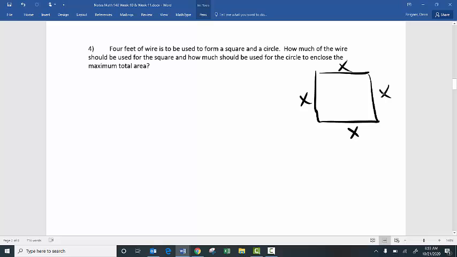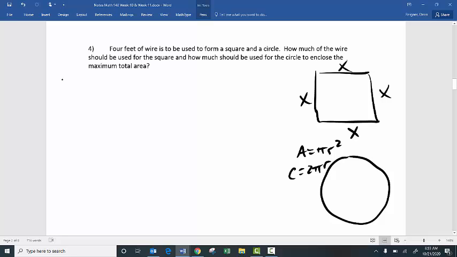All right. And the other thing we're going to build besides a square is we're going to build a circle. So now a circle has 2 formulas here, kind of. We're talking about the area of a circle eventually, and we're talking about circumference. Okay? So now the 4 feet of wire is the perimeter. So that's one of the formulas that we have. We only have 4 feet.